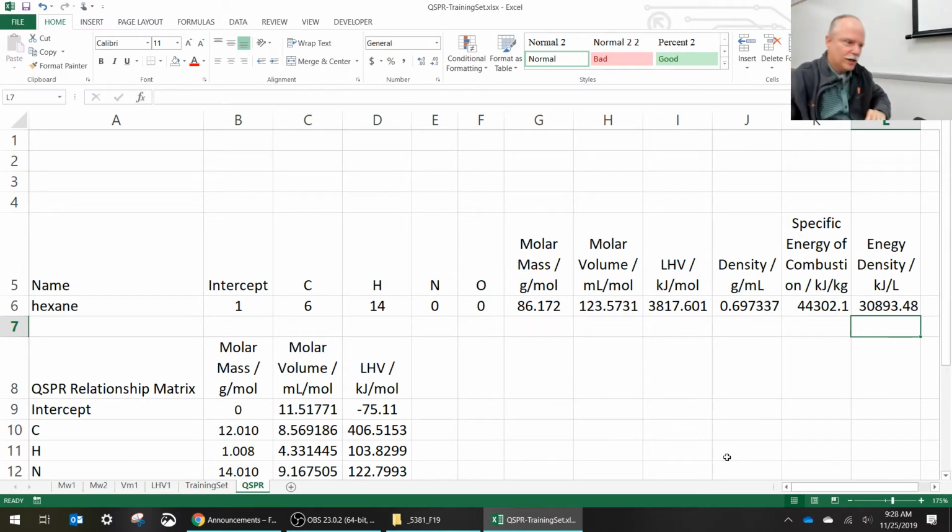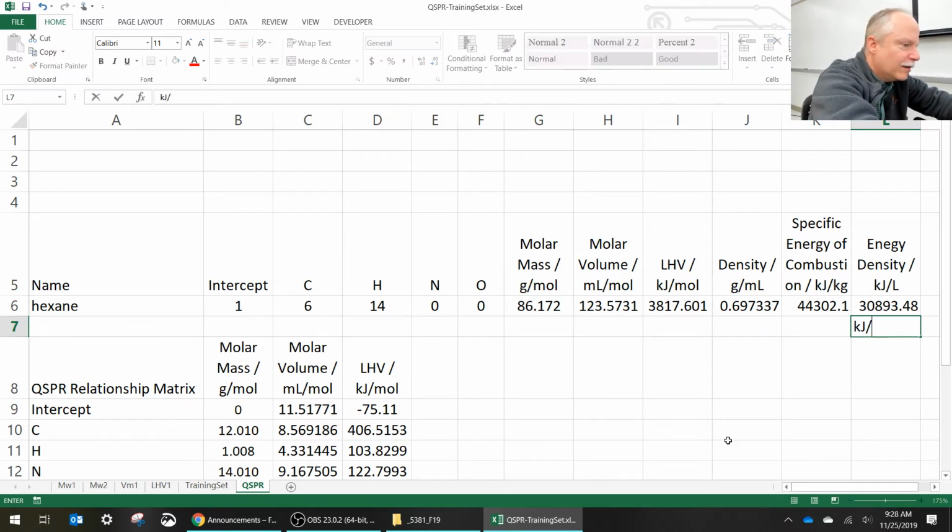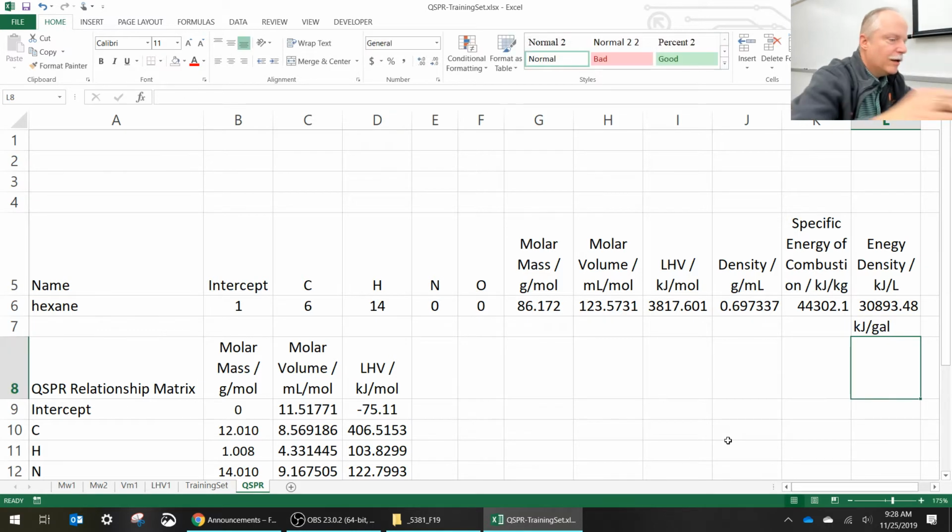If we wanted to convert that to gallons, how many liters do we have in a gallon? Anybody have that? 3.78 liters per gallon. 3.785 liters per gallon. Okay.